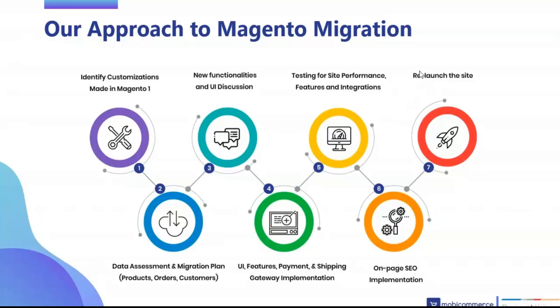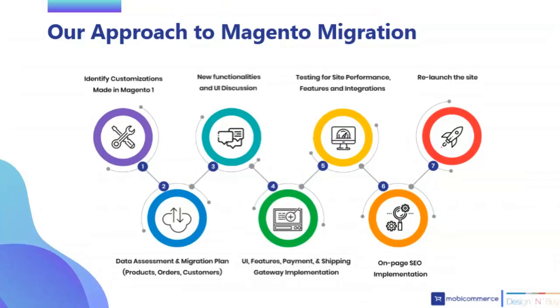That is, what data from Magento 1 has to be migrated to your Magento 2 store. Then we discuss the new functionality in Magento 2, or further modifications you might need in the application, maybe changes in the UI, not only for the Magento e-commerce but also in the designer tool part.